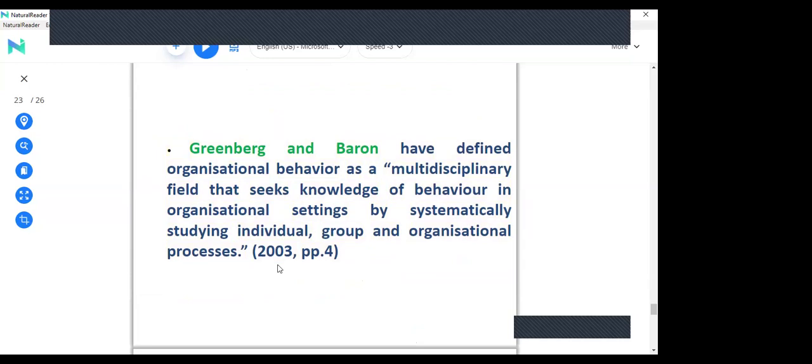It is the same one in the new millennium, but systematically inside multiple subjects or multiple areas. That means you can understand now that when you study the OB subject, you have to cover multiple subjects, or you need multidisciplinary subject knowledge.